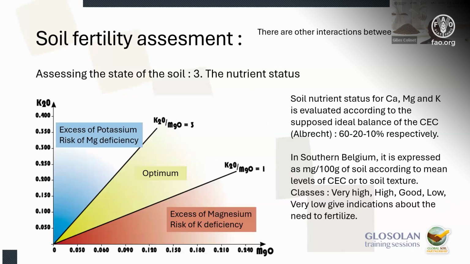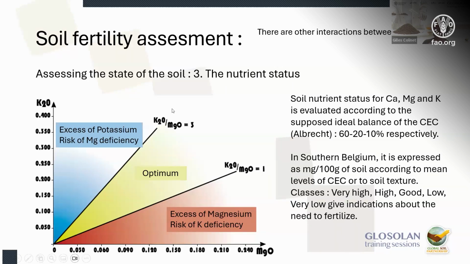Another point to take into consideration is that that's the level of elements, but for some elements you can have interactions and antagonism. Usually it's for potassium and magnesium. We consider that there is an optimum range of K2O over MgO ratio for some of the plants, and the grasslands are typically sensitive to that.